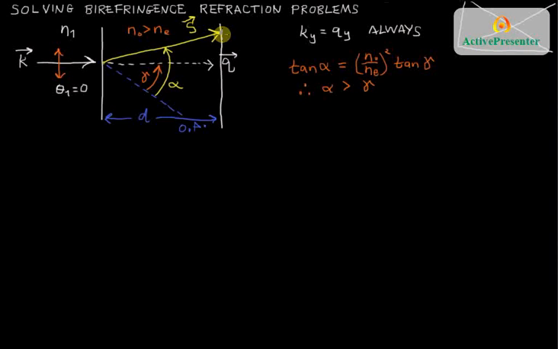But once it comes out, what angle will it go? When the beam refracts back out again, we had n1 sine theta 1 equals n2 sine theta 2, and n2 sine theta 2 equals n3 sine theta 3. But since n3 equals n1, we are going to have angle 1 equaling angle 3, because n1 sine theta 1 has to equal n3 sine theta 3.